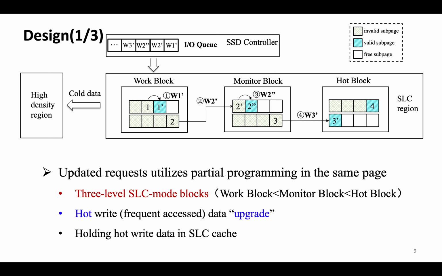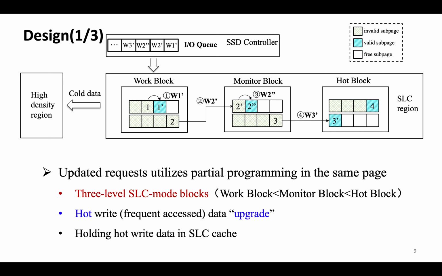In addition, we also set three-level SLC-mode blocks. They are work block, monitor block, and hot block. The request which appears for the first time will be written into the work block, and then the update request will be written in the same page.